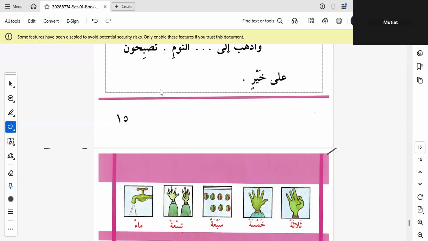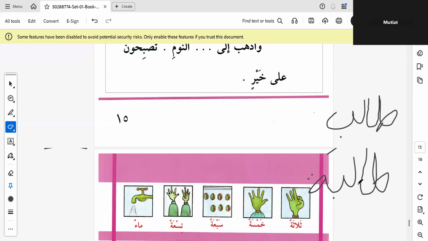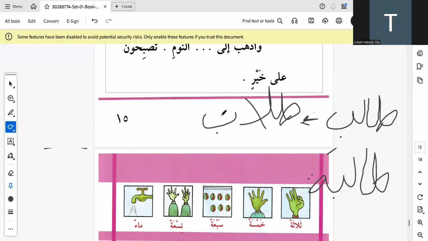No. For students, let's take note. طالب is a masculine student. طالبة is a female student, singular. Now, for the plural, طلاب is for masculine.